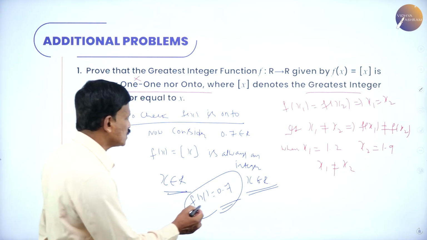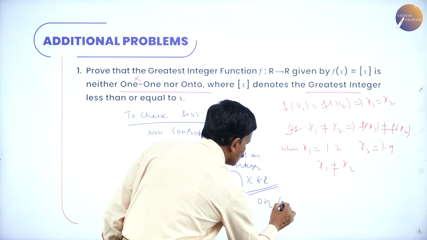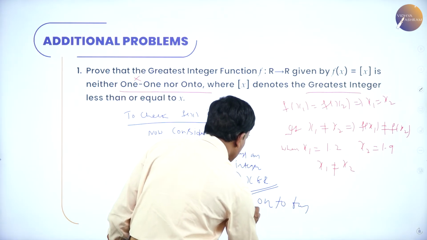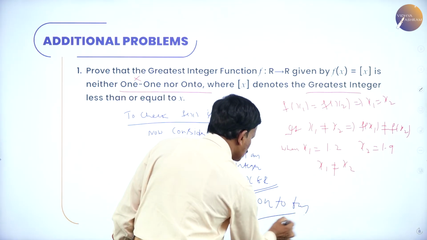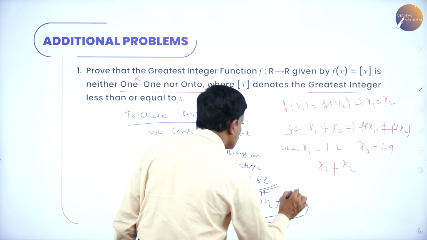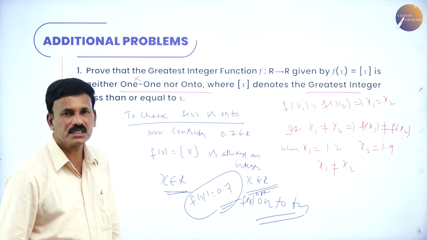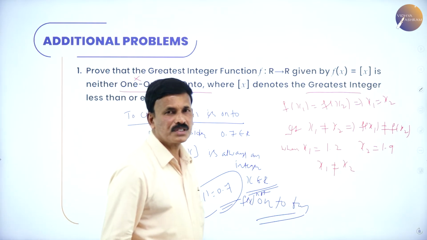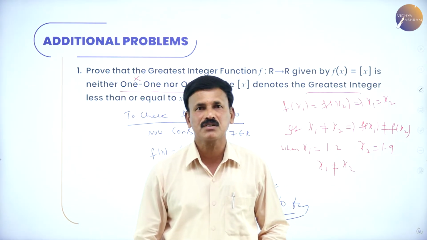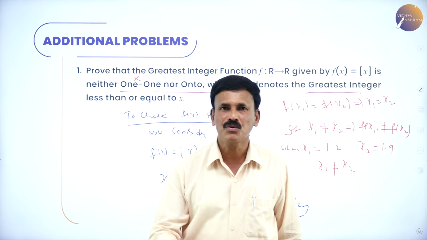So therefore this is not an onto function. That means f of x is neither one-one nor onto. That is the conclusion. Therefore, the greatest integer function is neither one-one nor onto.